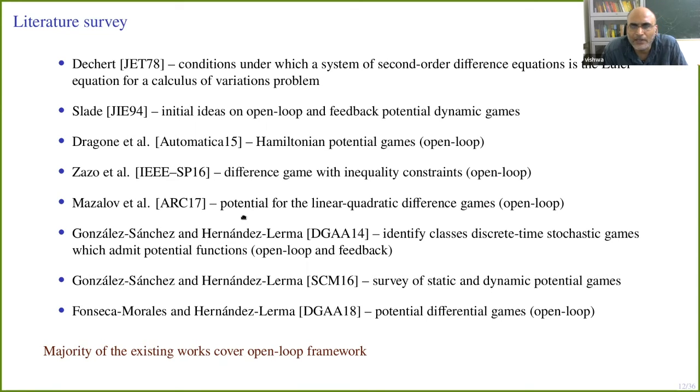Mazalov et al. study potential linear-quadratic difference games, again in open loop framework. And Gonzalez, Sanchez, and Hernandez Lama identify classes of discrete time stochastic games which admit potential functions. These are quite restrictive classes of games. They looked at both open loop and feedback information structures.